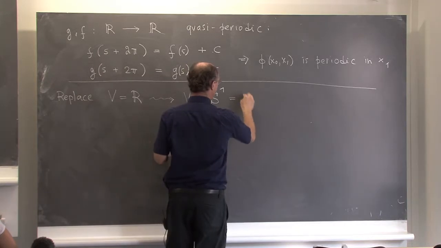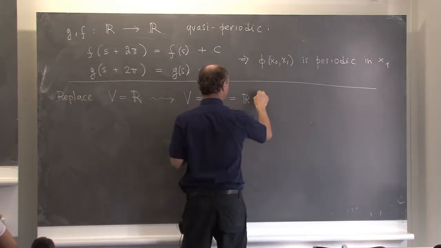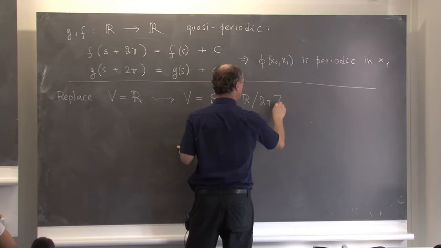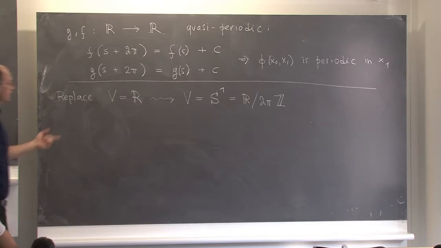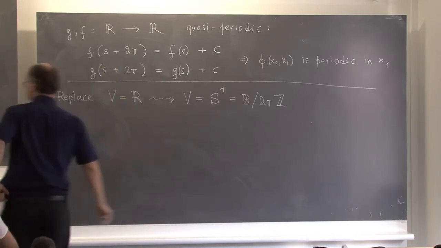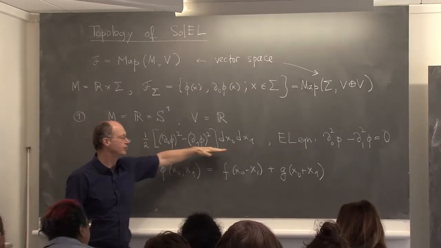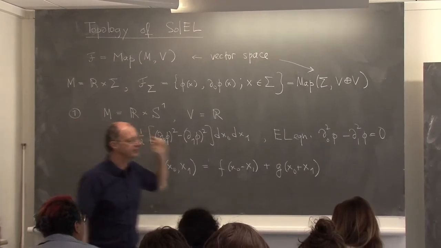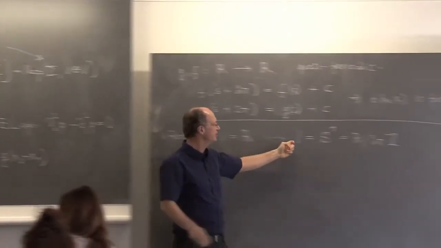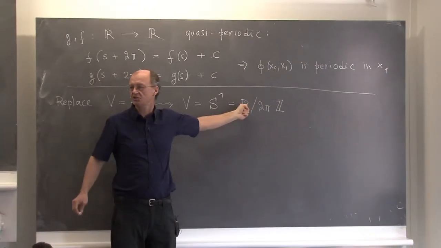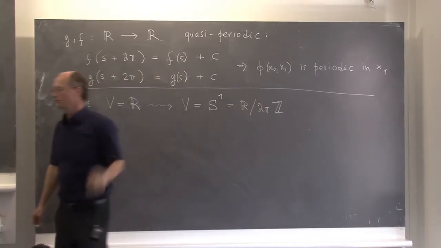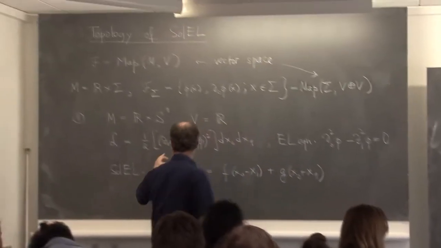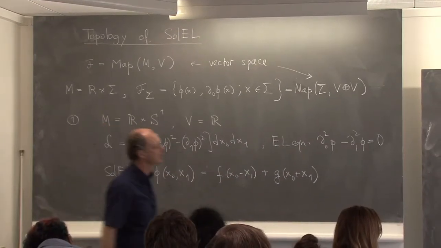S1, we can say, is R over 2 pi Z. So this expression in some way still makes sense. Let me just think that my V, if you want to think of it as still real valued, but we identify our real values which are different by 2 pi Z. So this expression still makes sense.